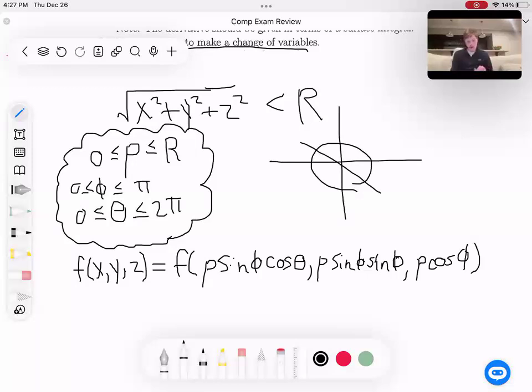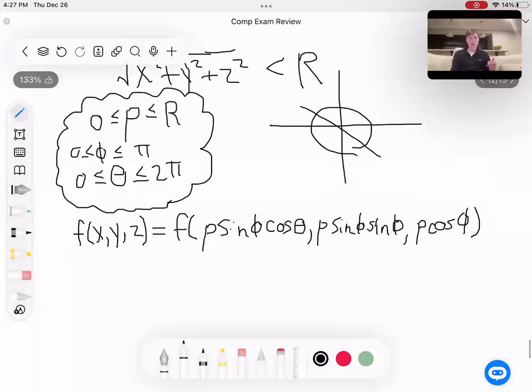And then another thing is, when you're changing coordinate systems in 3 dimensions, or really any dimension, you want to include the determinant of the Jacobian matrix, because our area is indeed going to be scaled by that factor. So dx dy dz, which are our differentials, are not just going to turn into d rho d phi d theta, they're going to turn into rho squared sine phi d rho d phi d theta.